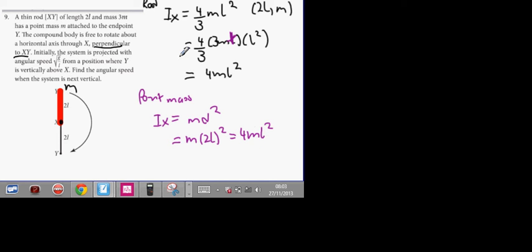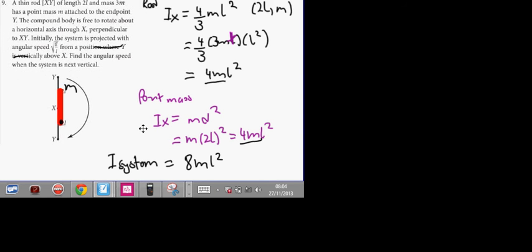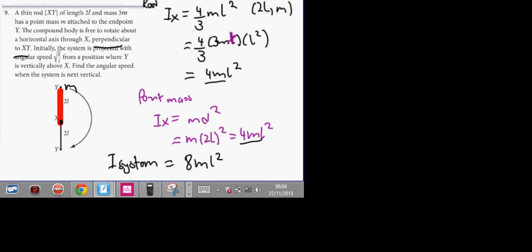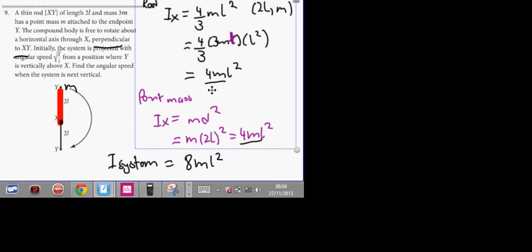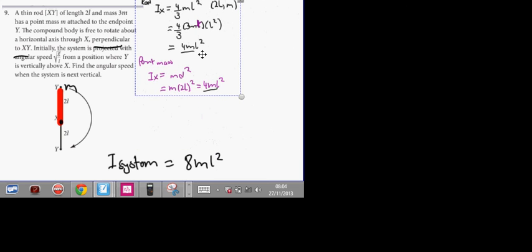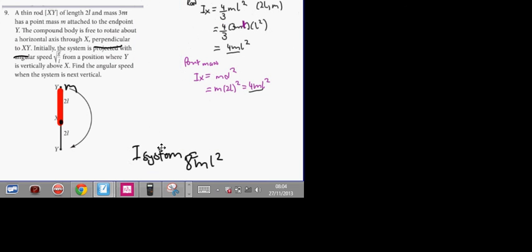Now the inertia of the system, I system, will be equal to this one plus this one, which gives us 8 ml squared. Okay, so that's all our information there in the top right now.